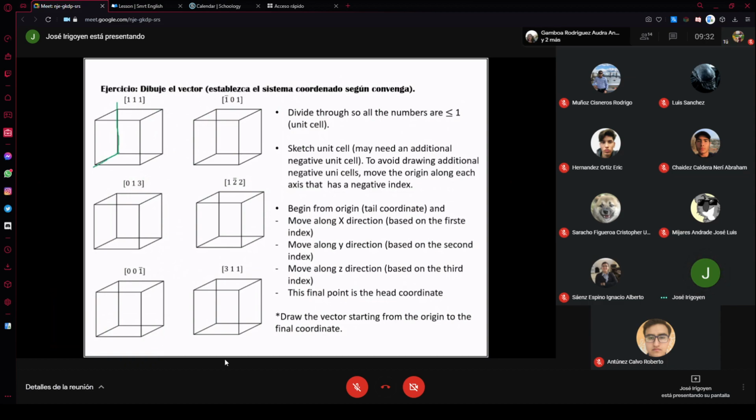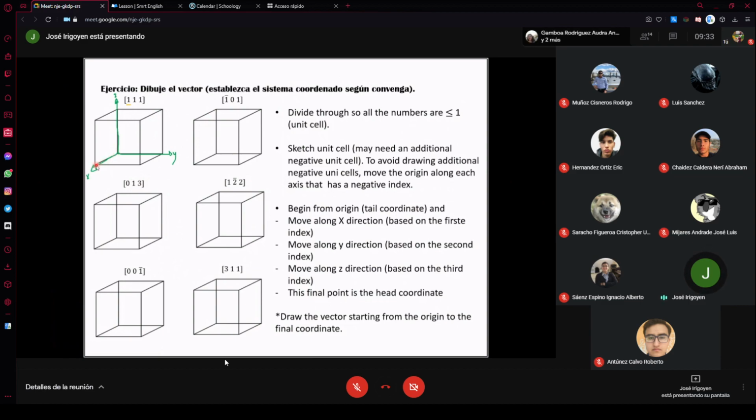So from the origin, then we're going to move as we have here. So you place here Z, you have X, and you have Y. So it says, move along X direction based on the first index, this one. So we move 1. Now we are here. From the origin, we move 1.